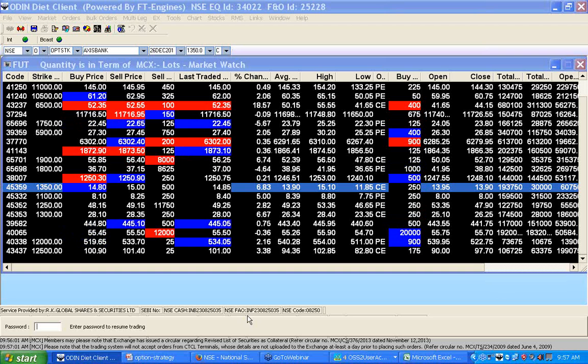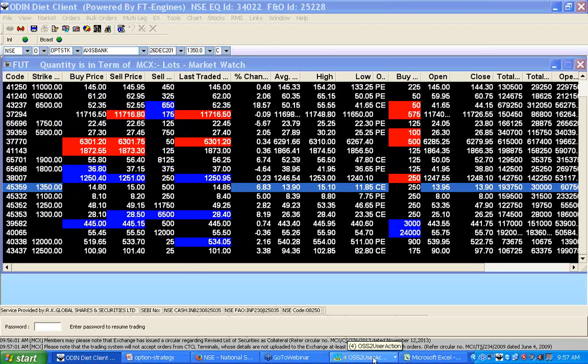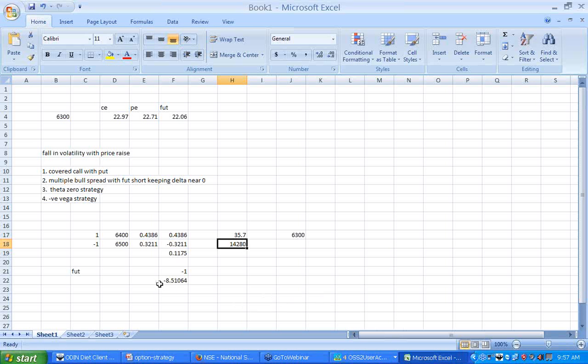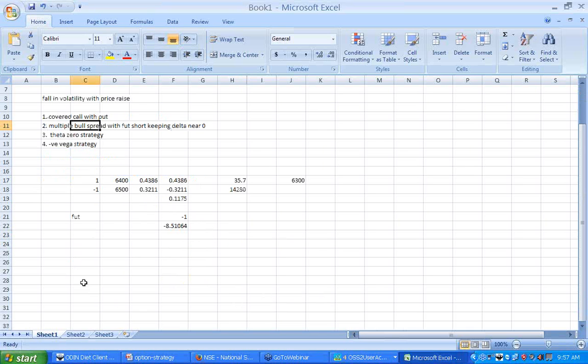Since Nifty is in that range, you can think of forming multiple bull spreads with a future short, in any future, stock futures also. This is the strategy I am recommending for now: multiple bull spreads with a future short, keeping delta near zero.